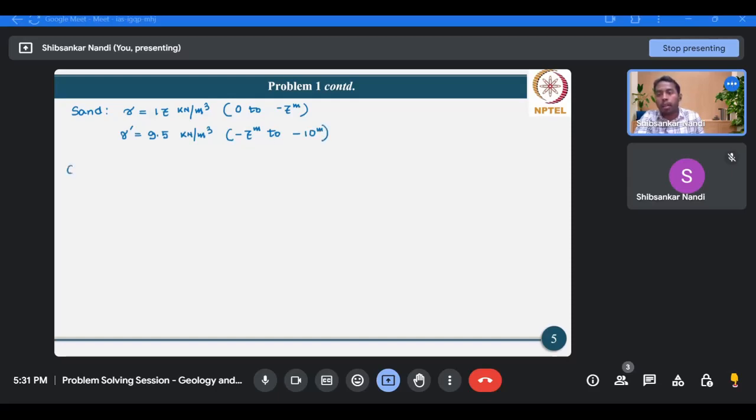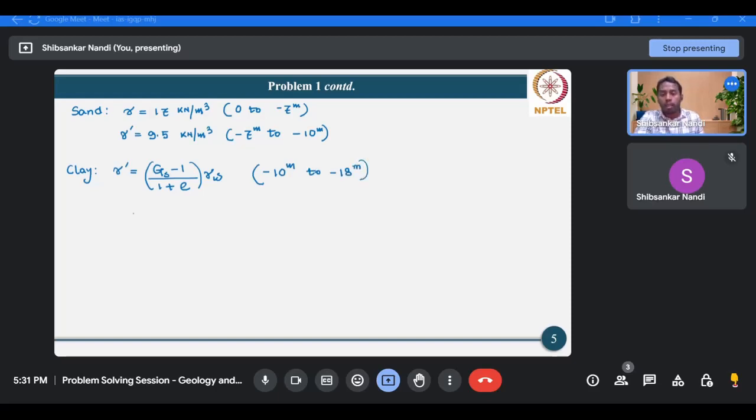And coming to clay, we need to calculate the submerged unit weight, and it would be (GS minus 1) divided by (1 plus e), times gamma w, if you can remember. Okay, so this would be valid for -10 meter to -18 meter.